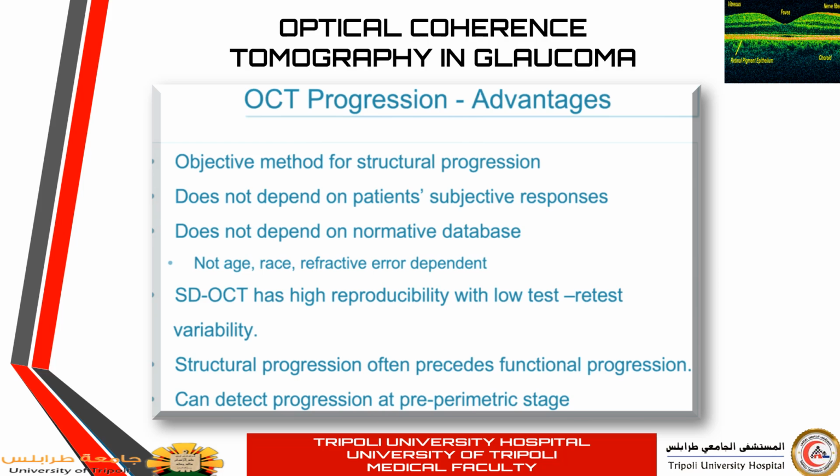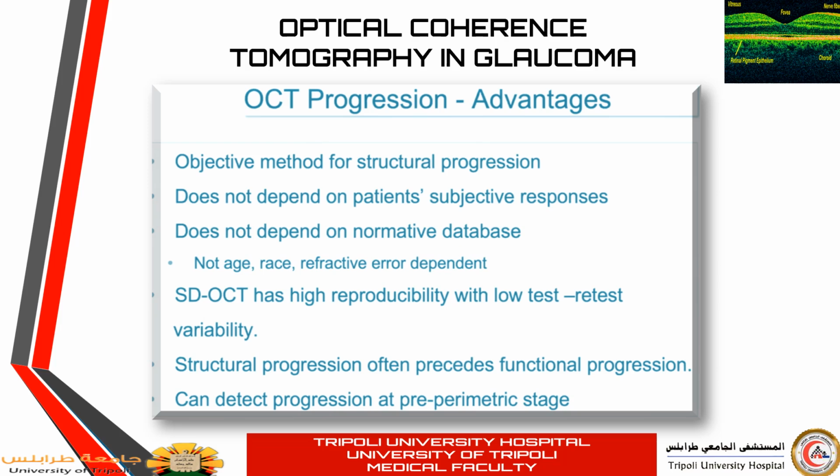So the results will not be as reliable as a structural assessment. And this structural assessment does not depend on normative data because you compare different readings of the same patient. It has no relation with age, race, and refractive errors because these parameters are already stabilized for the same patient.